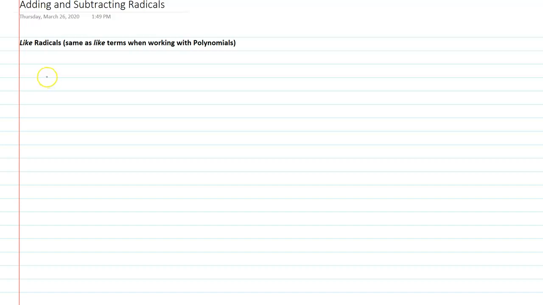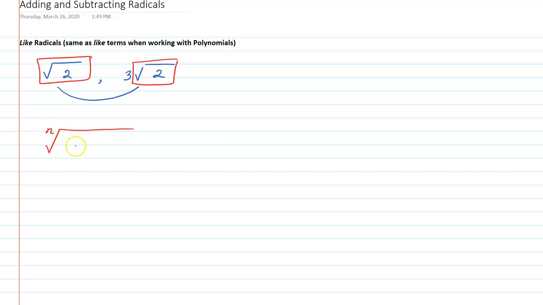So for example, square root of 2 and 3 times the square root of 2 are like terms because both of them have a square root of 2 in every way. So like radicals must have the same index and the same radicands.